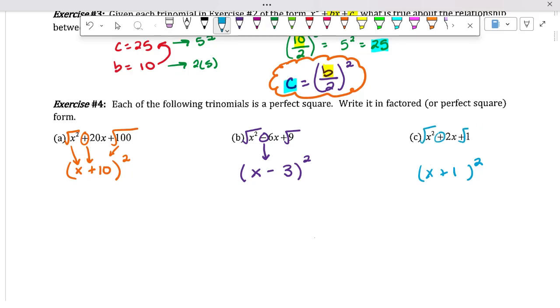Now, here's my question to you guys. What do these all look like to you in terms of vertex form? What's the connection between what we just did and vertex form? Where do you think this comes into play? So all three of these, how can they look like vertex form?